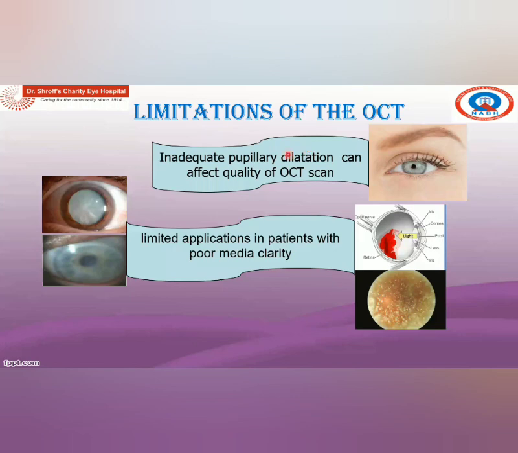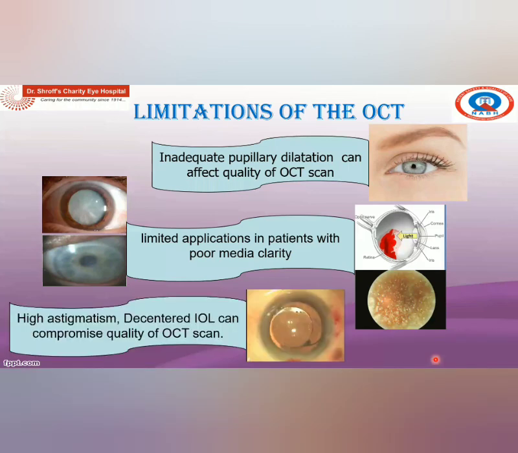This is asteroid hyalosis, making the media not clear, media clarity poor. So in this case also, we have a poor quality scan in the OCT machine. And also a decentered IOL. In this case also, we have a compromised scan quality in OCT.